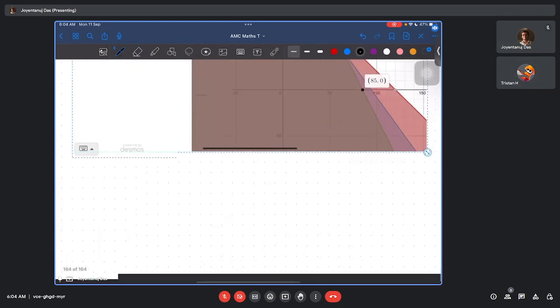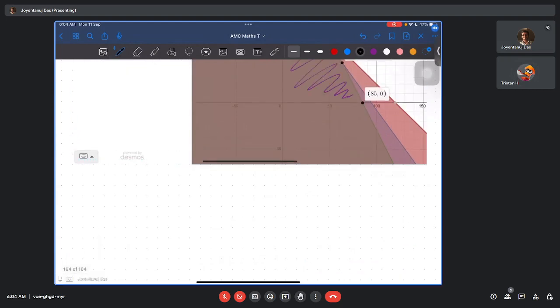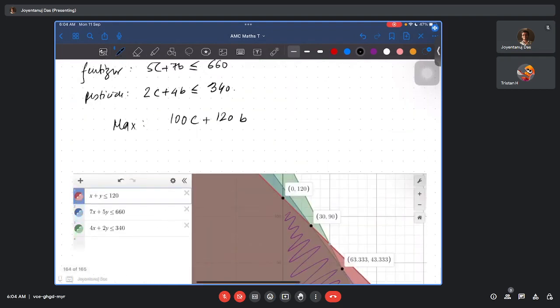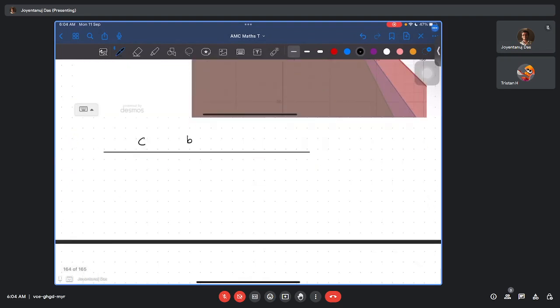Okay. So I think we have to find a chart type of thing, means at what values we are getting. So C and B we are using. So that is fine. C, B, and your 100x, sorry, 120, 100C plus 120B. So we can go from top.